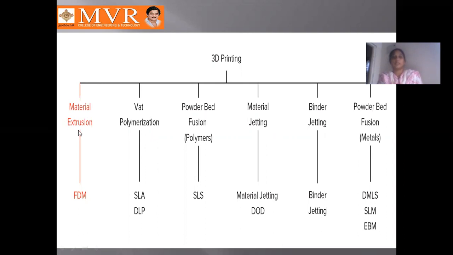First is material extrusion, FDM, used for deposition manufacturing of materials. Next, vat polymerization SLA, powder bed fusion polymers like SLS, material jetting DOD, binder jetting, and powder bed fusion metals.